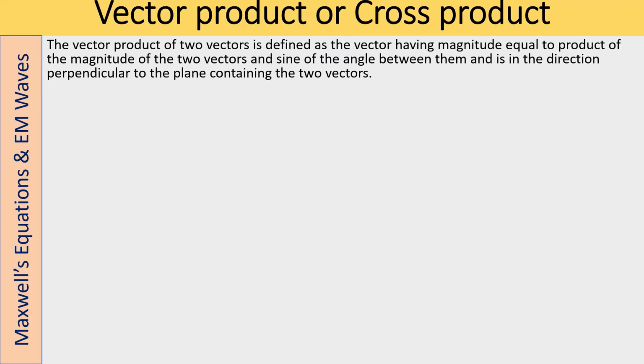Now the cross product, also called the vector product. The vector product of two vectors is defined as a vector having magnitude equal to the product of the magnitudes of the two vectors and the sine of the angle between them, and is in the direction perpendicular to the plane containing the two vectors.